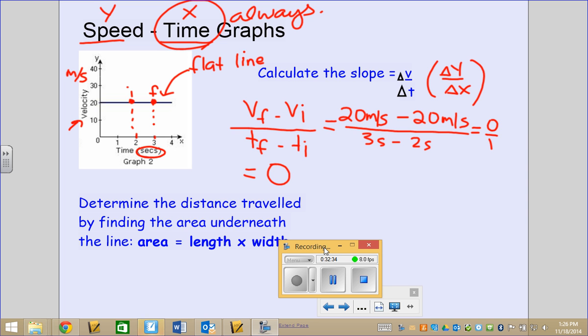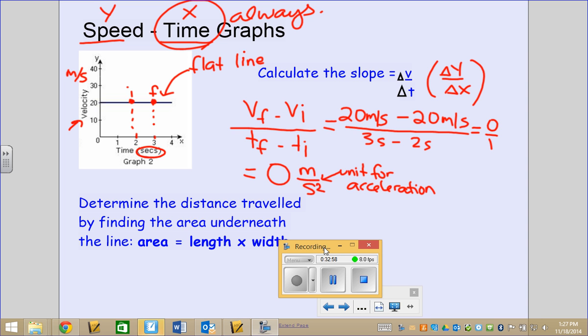My unit, since I had meters per second, and then I divided it by seconds again, is meters per second squared. This is the unit for acceleration. Since my object was not changing its speed, there was no acceleration.